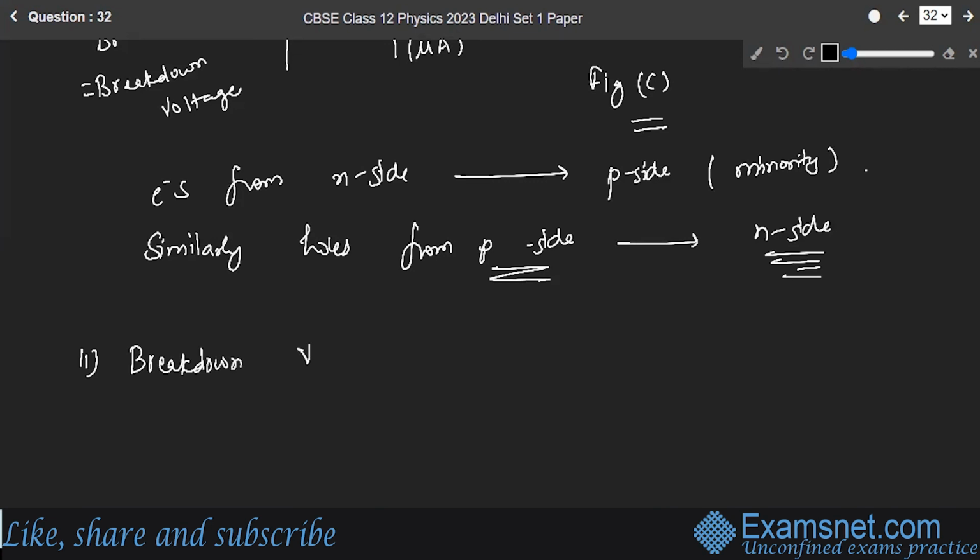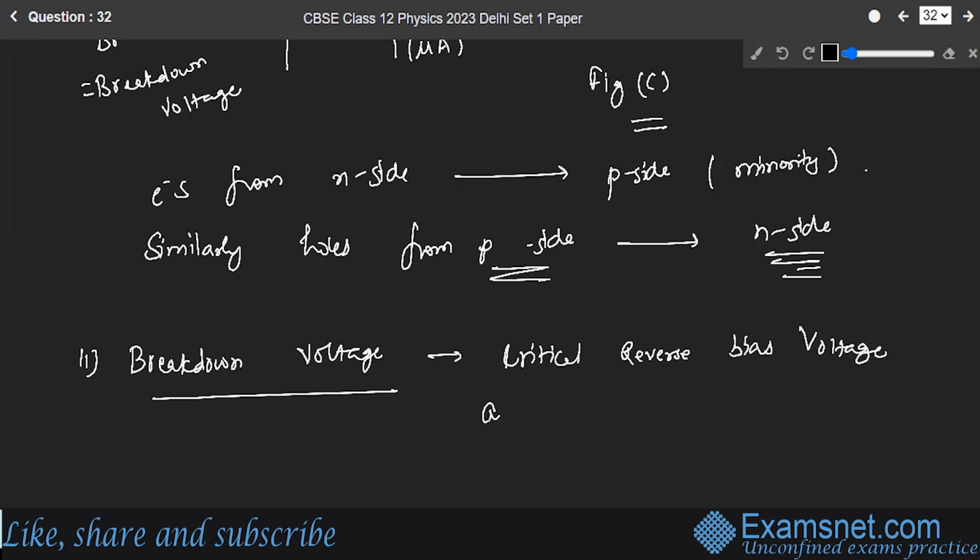Breakdown voltage is the critical reverse bias voltage at which the current is independent of the applied voltage. Hope you're clear with this.